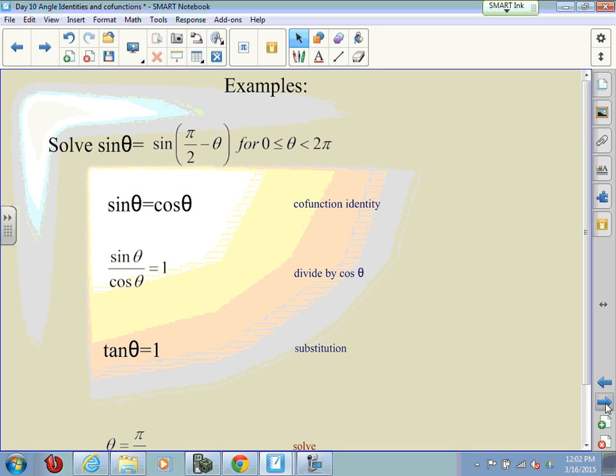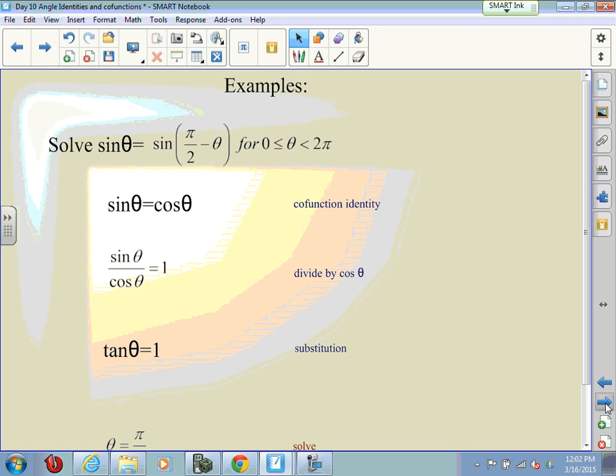The first thing you have to realize is you're working in radian measurement, and this is just 90 minus theta, so you know you're working with cofunctions. You have sine theta, you've got sine of 90 minus theta, so what's this all about? Well, sine 90 minus theta is just cosine. You've got to recognize that this is just your cosine function.